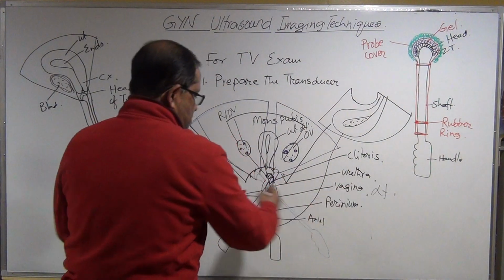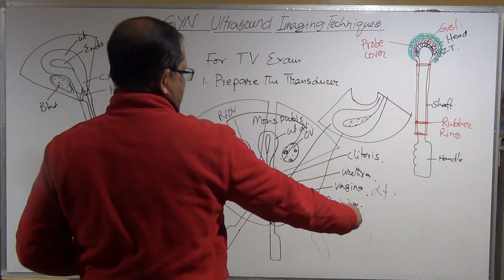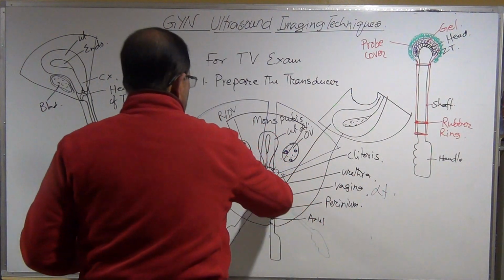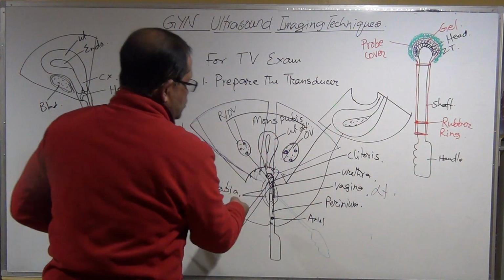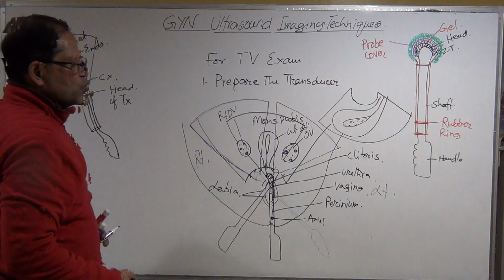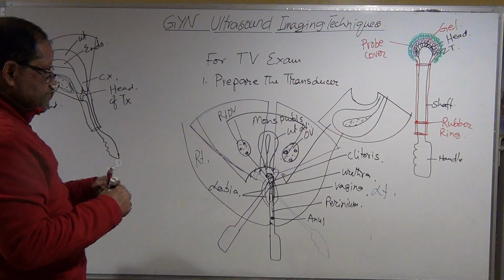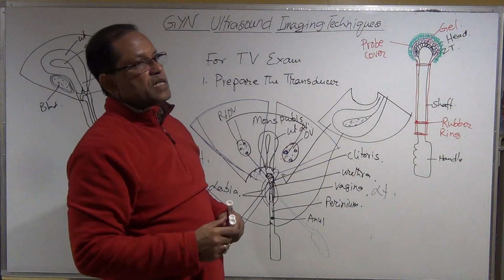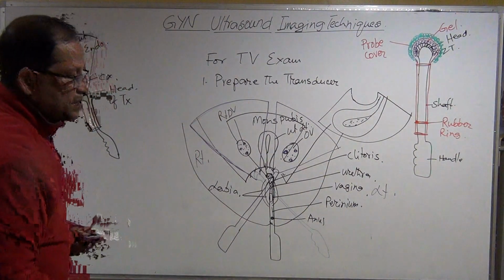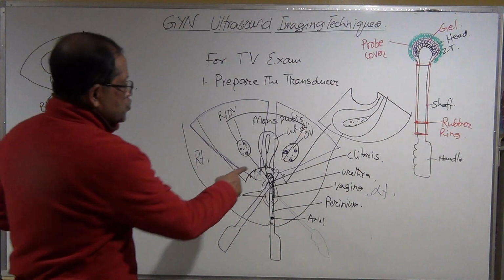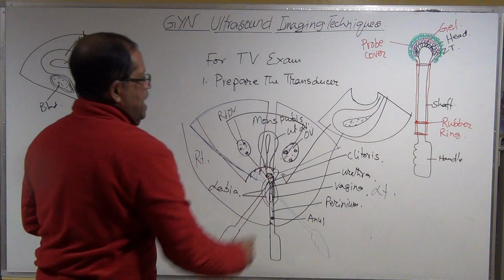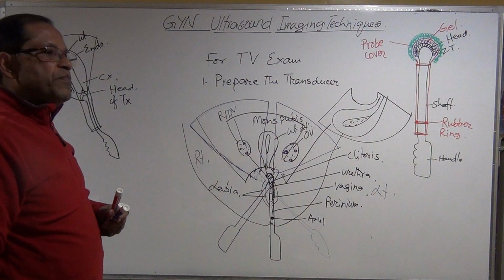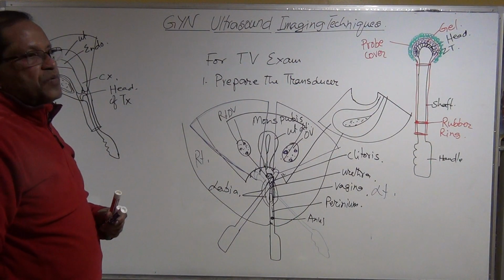And this flexibility you always have. You can move the transducer through the vagina towards the right side or the left side to get the right ovary and the left ovary. That type of flexibility it has. So the transducer head is close to the organ and you can see a better view.